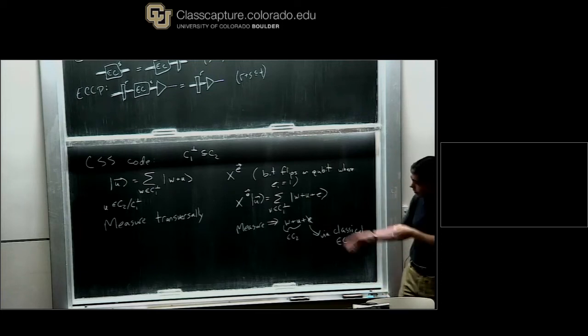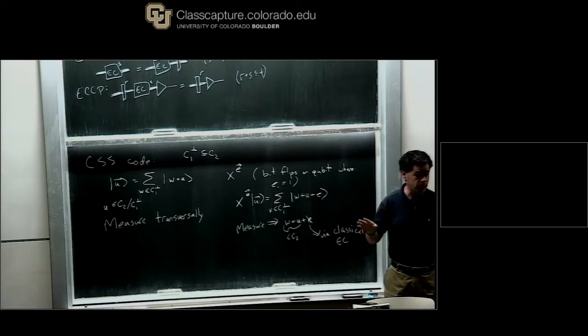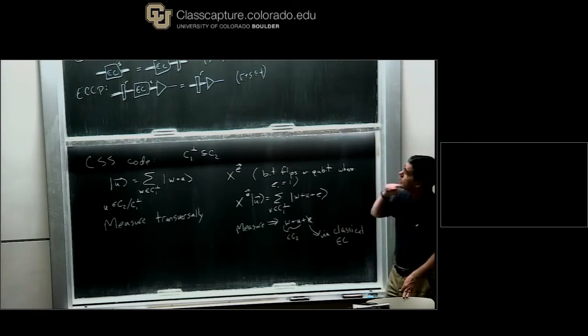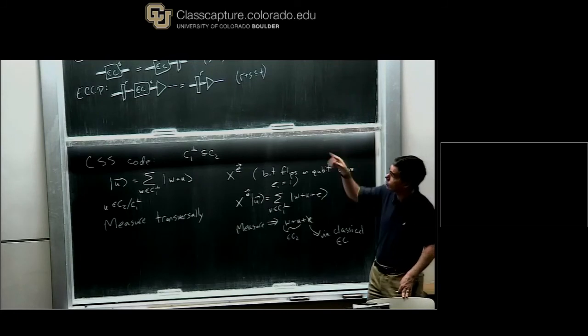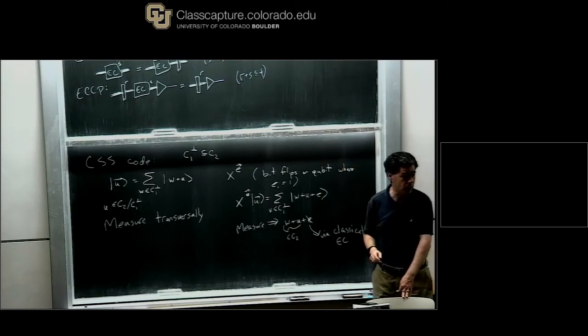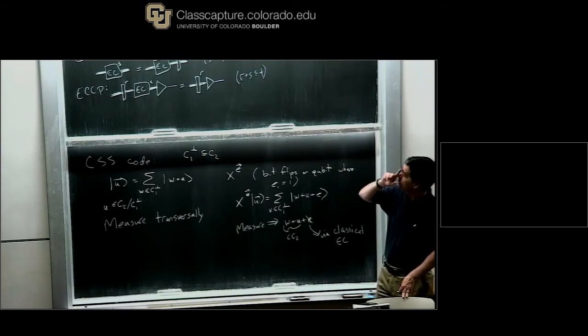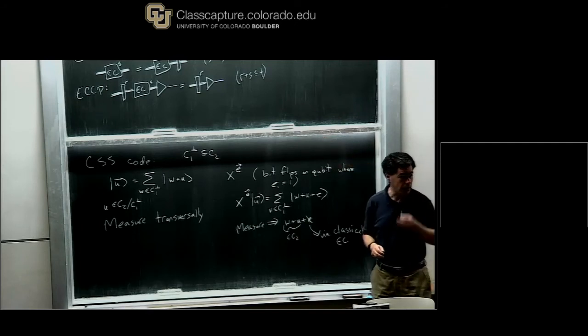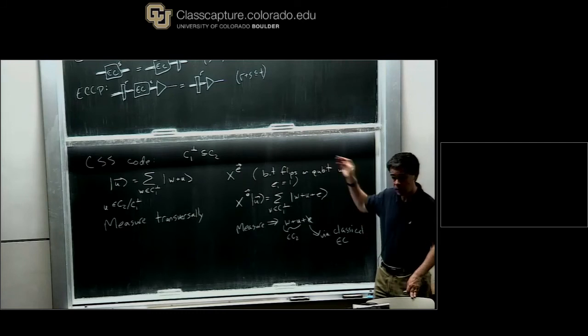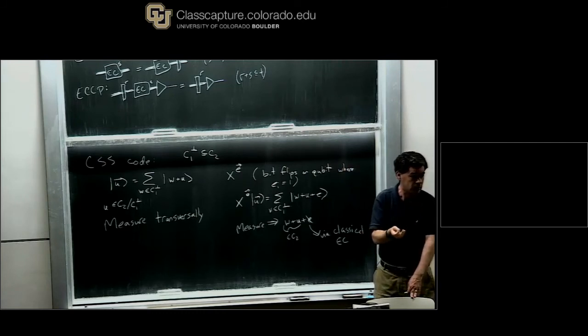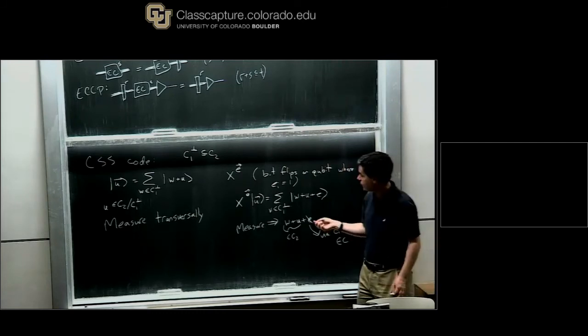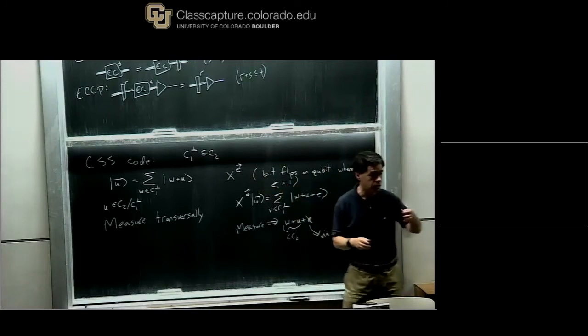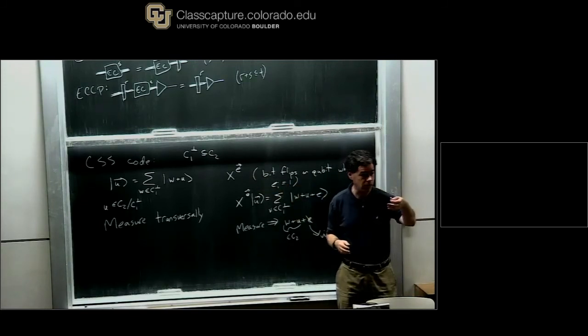So in other words, for CSS codes, transversal measurement is going to solve our problems. So how does that satisfy the measurement properties? There's no measurement propagation property. We just have a measurement correctness property. So suppose we have a state with R errors in it, and we have a measurement that has S faults in it. Well, that means that this E here should incorporate not just the pre-existing errors, but any measurement errors we have as well.